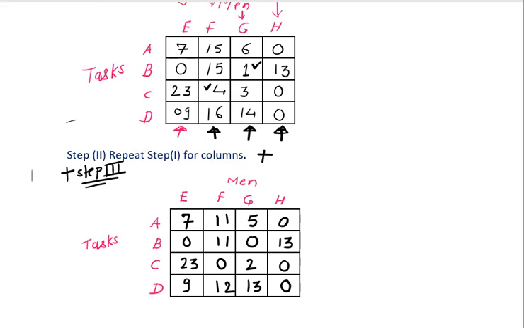So we now make an assignment, and while making an assignment we will draw horizontal and vertical lines. We begin with the rows. First row, and we look at the rows containing single 0 first, and we will make assignment there.